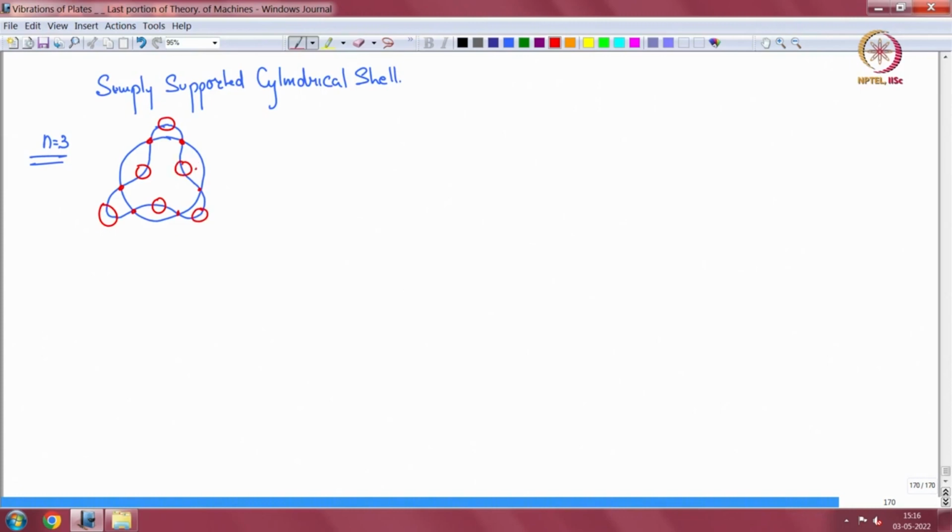Okay. But now if I oscillate this n equal to 3 at its own natural frequency, then these points will permanently be nodes, right. These points will be permanent nodes, they will be permanent antinodes. But what about if there is a displacement here?